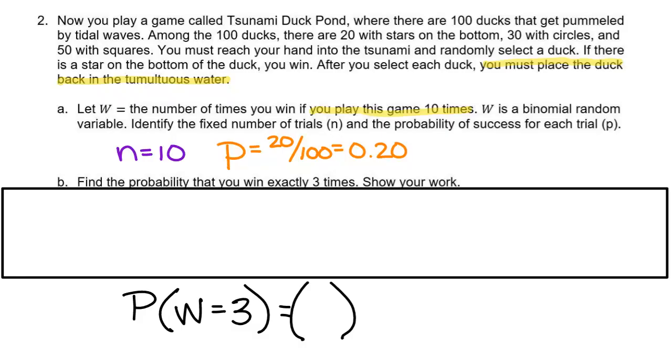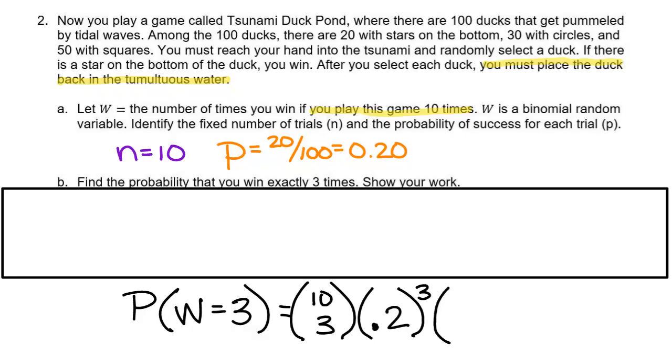We're going to play how many times? 10. We want how many wins? 3. What's the probability that we win? 0.2 or 0.20. We're going to take that to what power? 3, because we want exactly 3 wins.